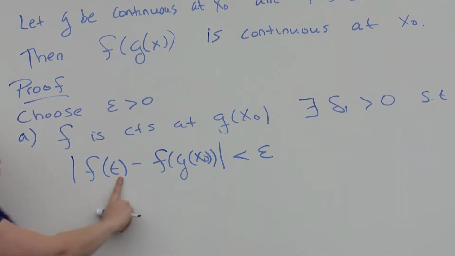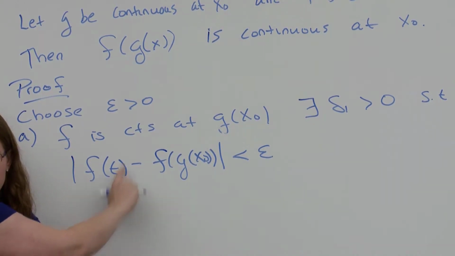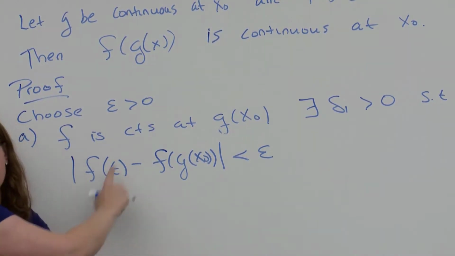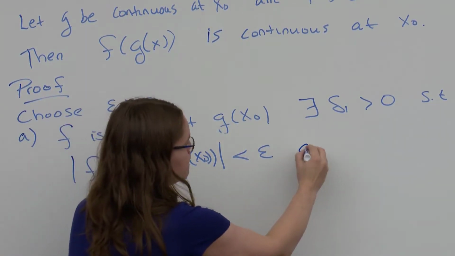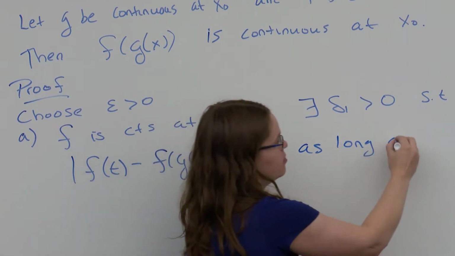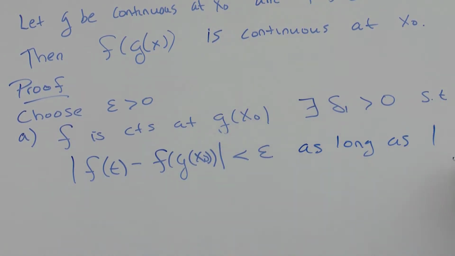Right? As long as the things that we've plugged in here, a generic point, we're used to calling it x, I'm calling it t here, minus the point where we're checking continuity, as long as these are within delta 1 of each other. Okay, we agree this is a true statement?